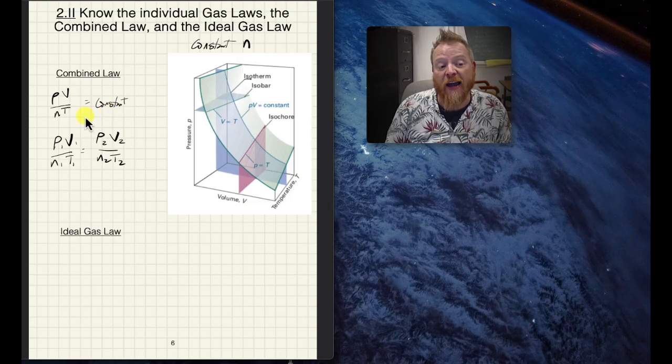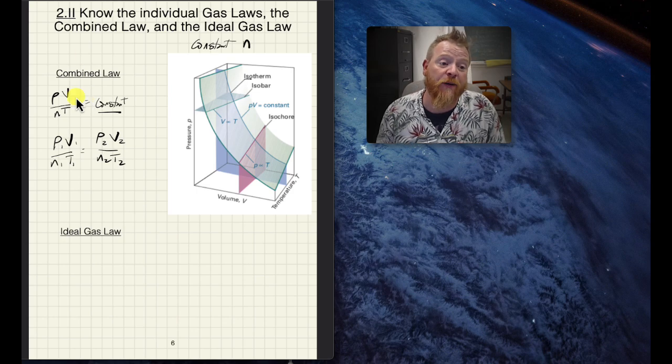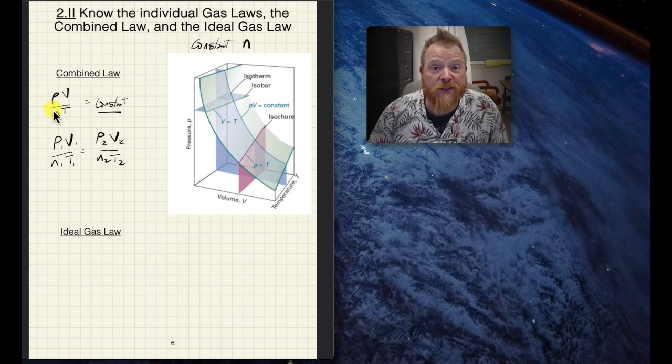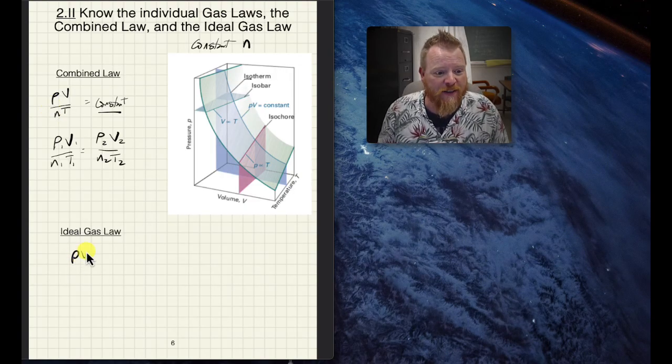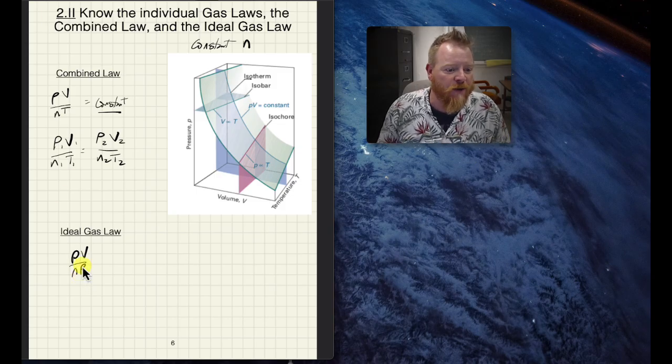So on the other hand, if we look at this and figure out, well, what is that constant? Using the empirical basis that was determined by Boyle, Charles, and Amontons, we could actually arrive at the ideal gas constant. So PV over NT equals some constant.